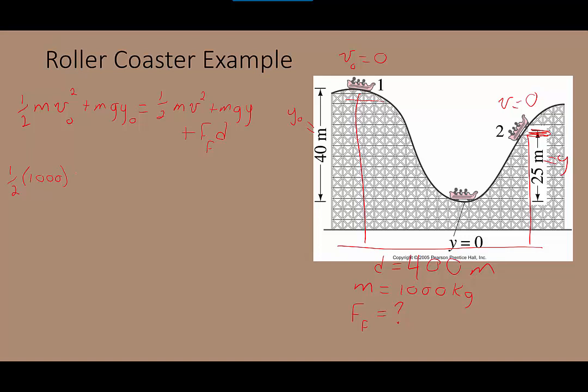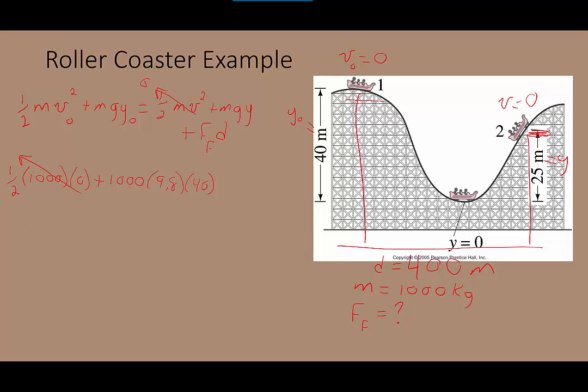If we go ahead and plug in our numbers, we get 1,000 times 1/2 times 0 plus 1,000 times 9.8 times 40. Well, that whole first term goes to 0. In fact, this first term on the other side is also going to go to 0.